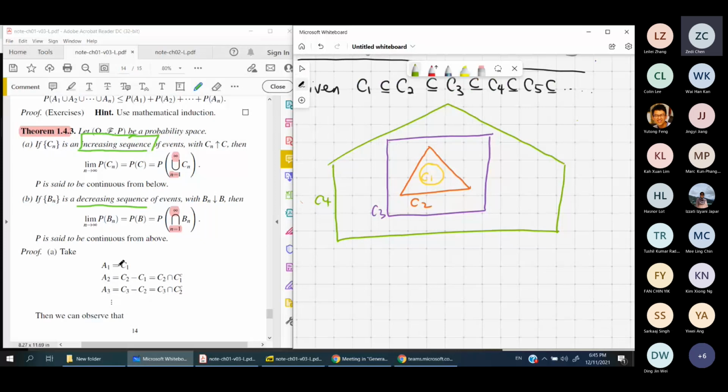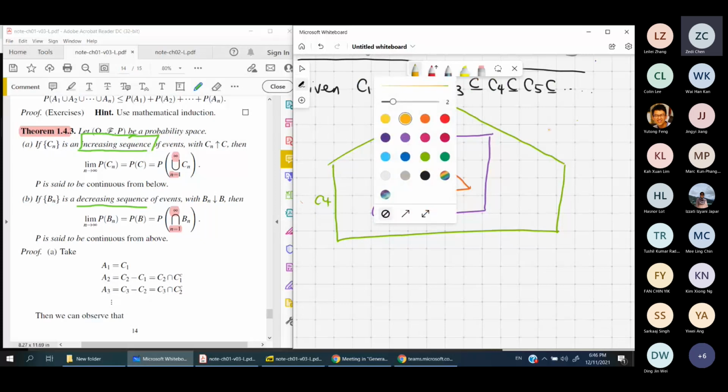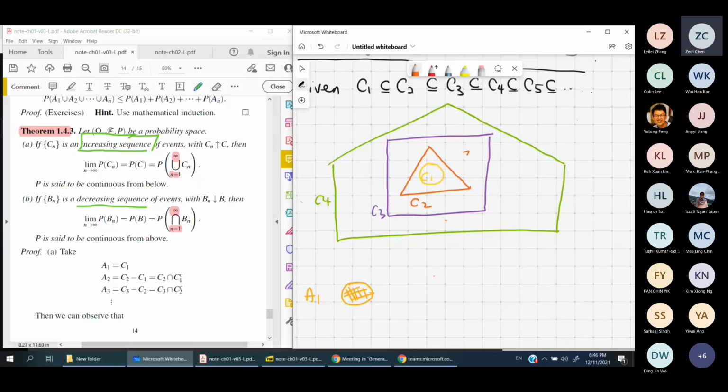So what is our A1? A1 is C1, so you can see our A1 will be the same. So this is your A1, right? A1 is just our C1. A2 is C2, but excluding C1. So what is our A2? A2 is C2 but excluding C1.